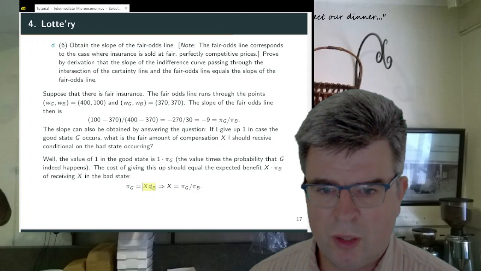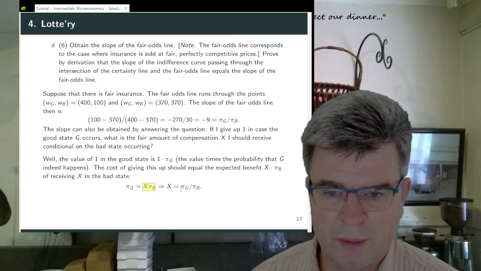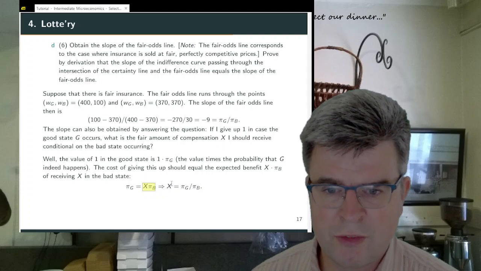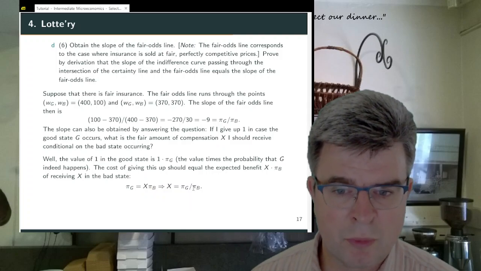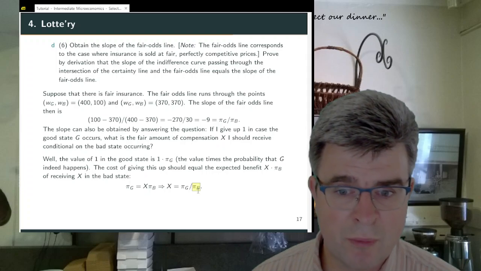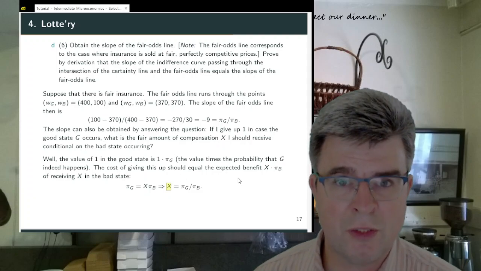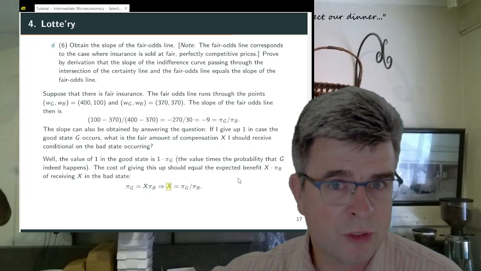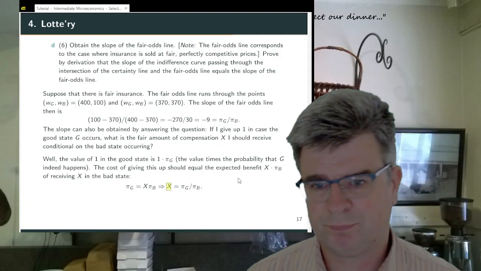Okay, so that leads to this expression over here, which also gives you this ratio. For example, if the bad state of the world would occur with probability 0, then you would need an infinite amount of money, and that would not even be sufficient to compensate you for giving up something in the good state of the world, because the bad state of the world will never happen.